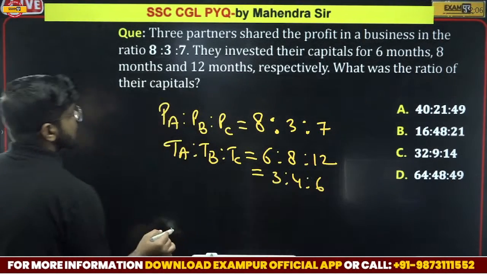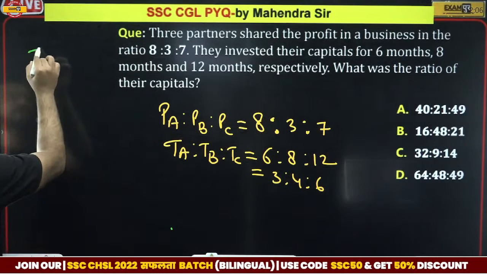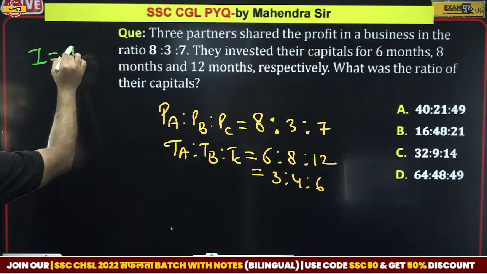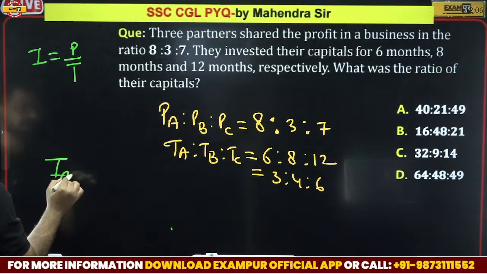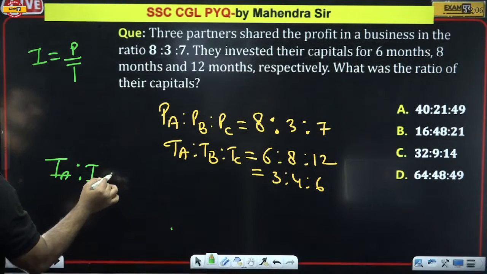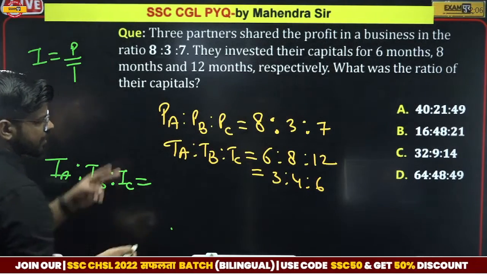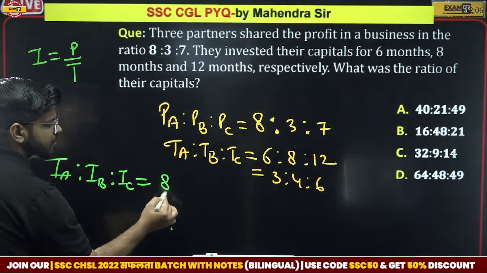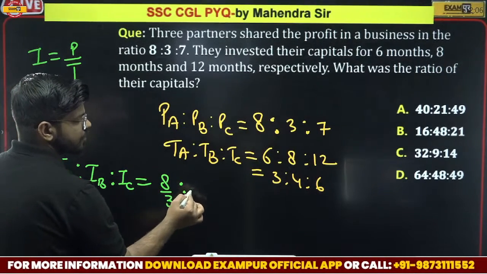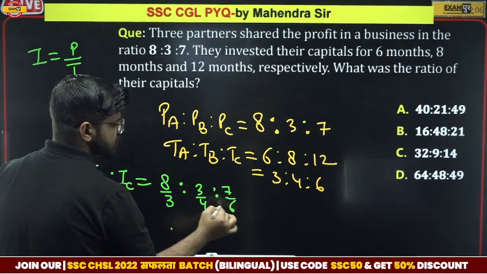Now what was the ratio of their capitals? So what is capital? Capital is equal to profit by time. So we have to find the ratio of investment of A, investment of B, investment of C. That means 8/3 ratio 3/4 ratio 7/6.